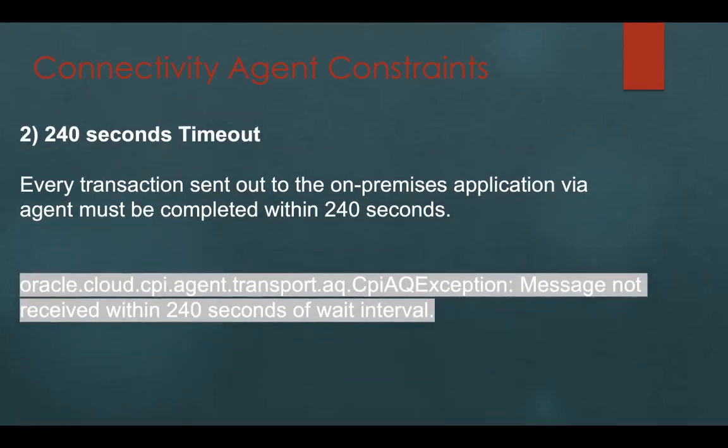This 240 seconds is very, very important to understand actually. What the 240 seconds timeout is: let's suppose you have initiated one transaction towards the connectivity agent. You are trying to fetch some data from your database, and you have written one PL SQL package, in which you are doing a lot of transformation.